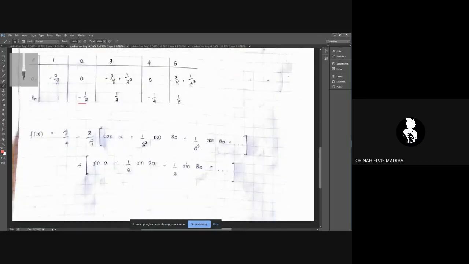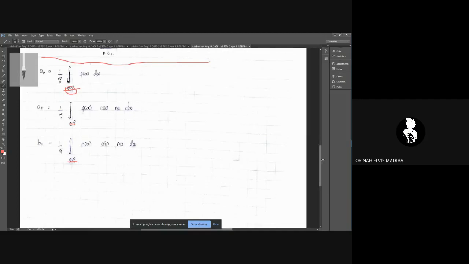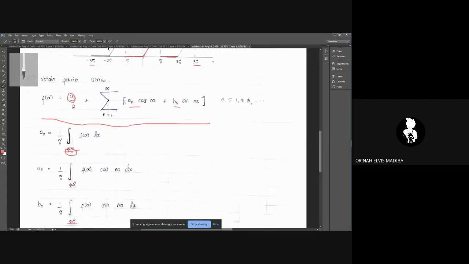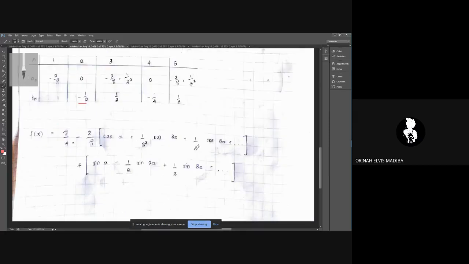Right. So with the constants and the formula for the Fourier series, which was on the first page, we can come and generate our Fourier series.